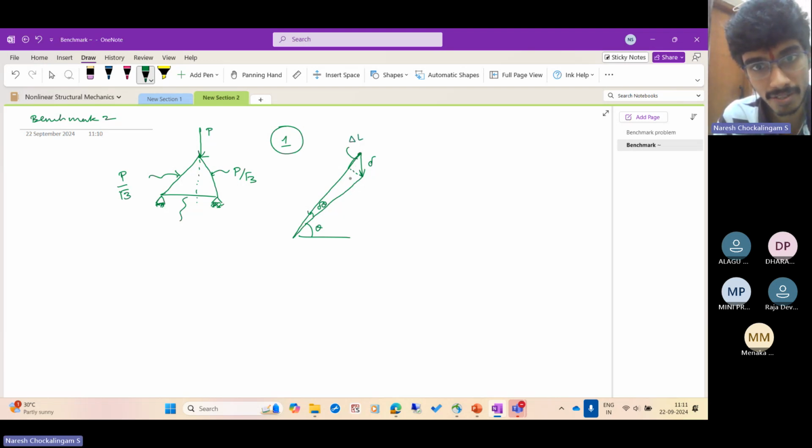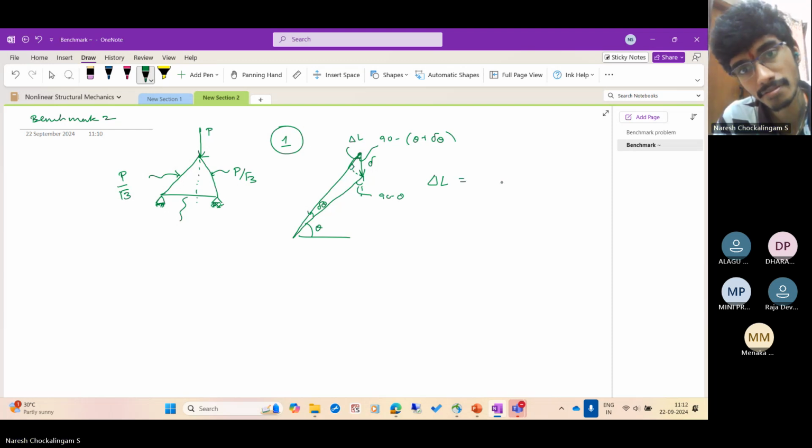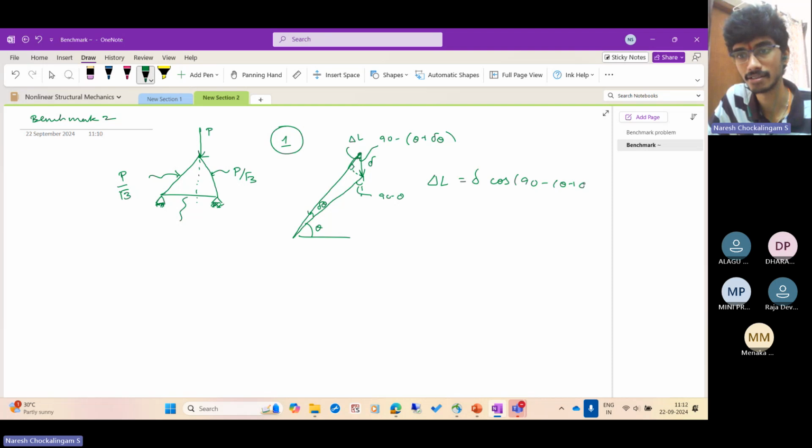And this angle is what? If this angle is theta, this will be 90 minus theta plus delta theta. This angle will be 90 minus theta. So what is delta L? Delta L is equal to small delta times cos of (90 minus theta plus delta theta).